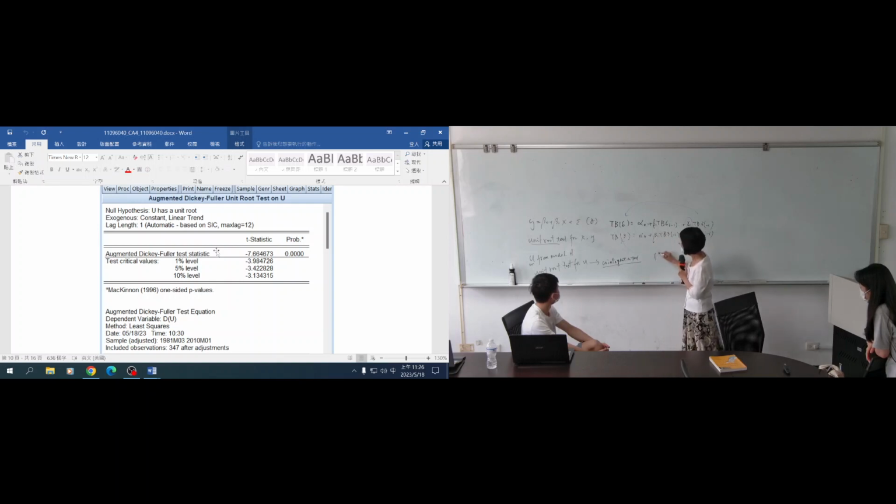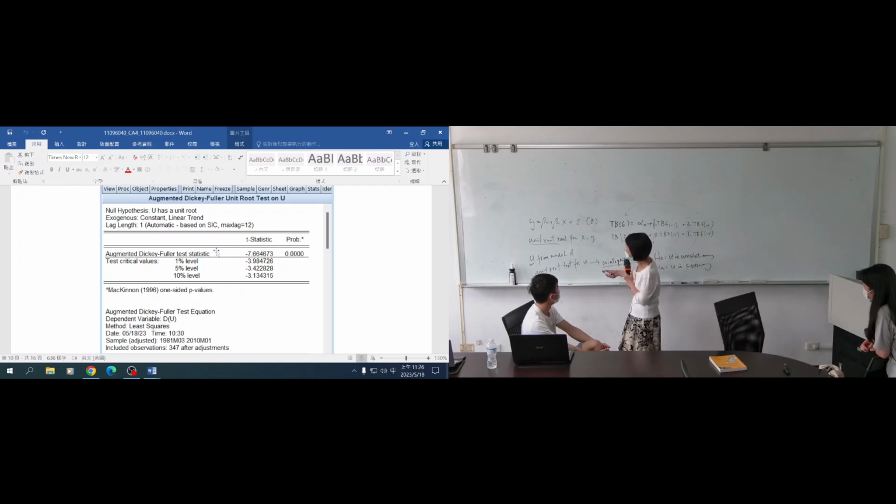So the null hypothesis is U is non-stationary. The alternative hypothesis is U is stationary. So if you reject the null hypothesis, it means U is stationary.